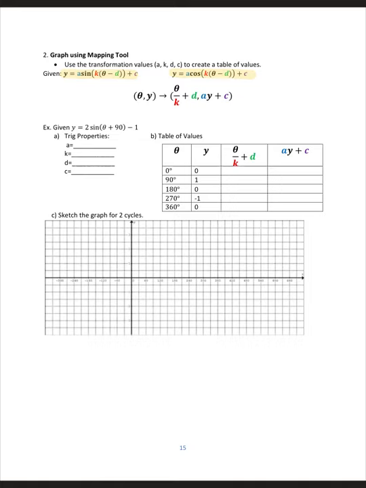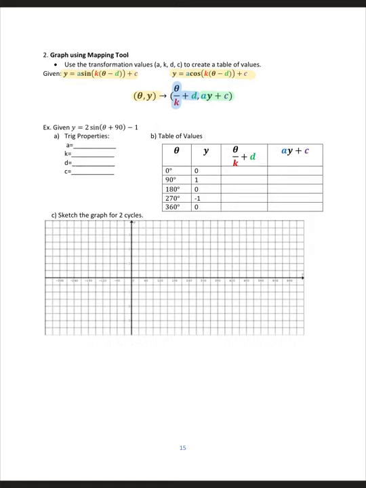Think of our base function as all of our coordinates having a theta and a y. When we apply transformations to them, we're doing certain things to our thetas and to our y. So on our thetas, the k and the d affect it. Whatever our k value is, we're going to divide our theta by that and then add d. On our y values, we're going to multiply by a and then add c. So let's identify all those values in this function and see if we can fill out our table of values.